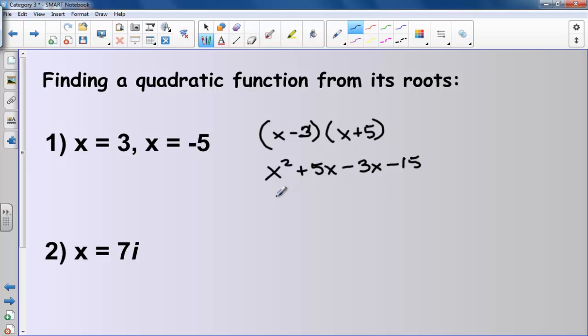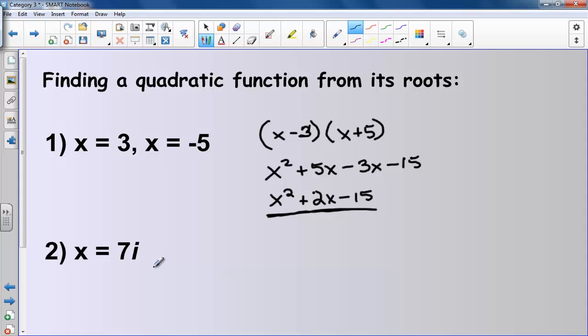And I can combine like terms, so x squared plus 2x minus 15 should be my original quadratic function. And I can check that by graphing this and checking the x-intercepts, and they should be at 3 and -5 if I was correct here.